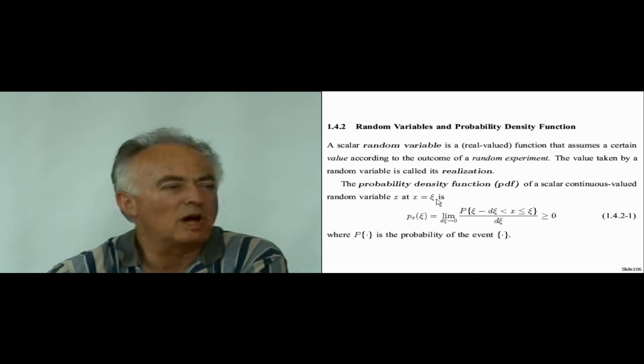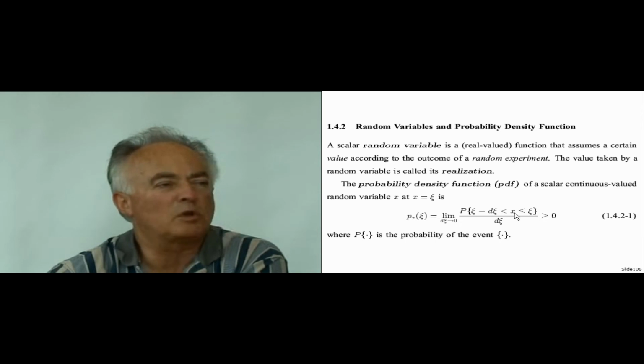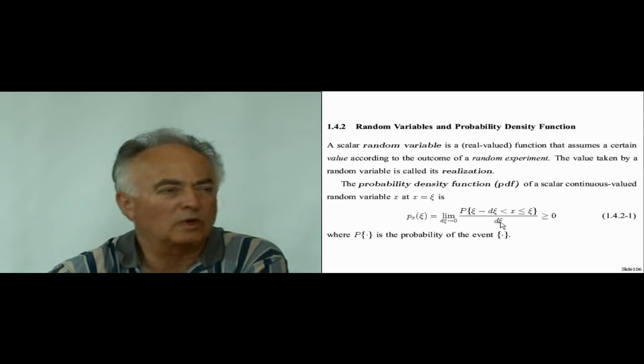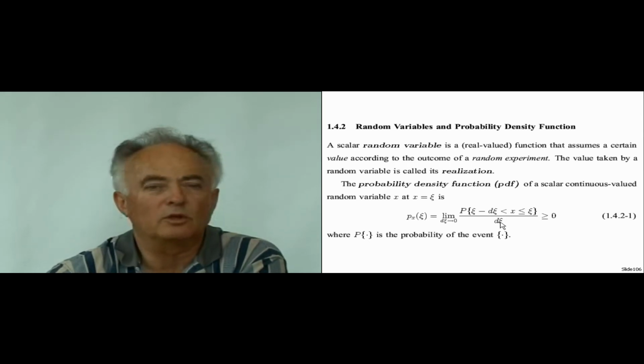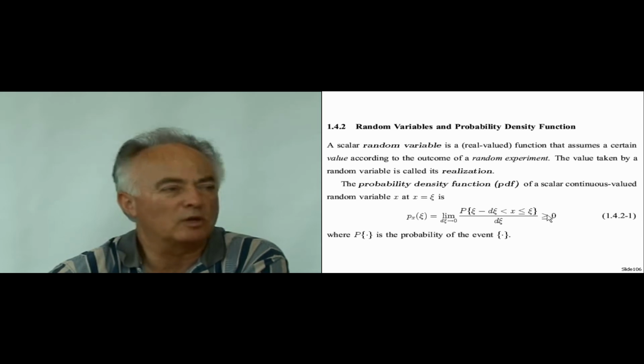It is given by the probability that the outcome x is between psi minus d psi and psi, in this small interval, divided by the length of the interval. Clearly the probability is a non-negative quantity, so you end up with a non-negative value here, and at the limit, what we get as the interval gets smaller and smaller is a density.